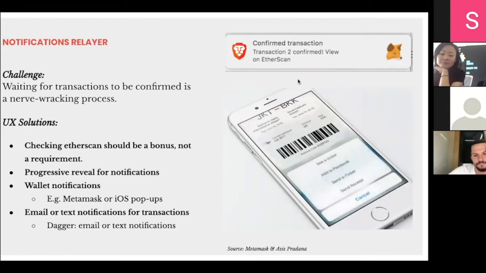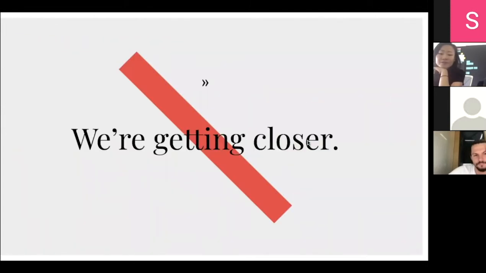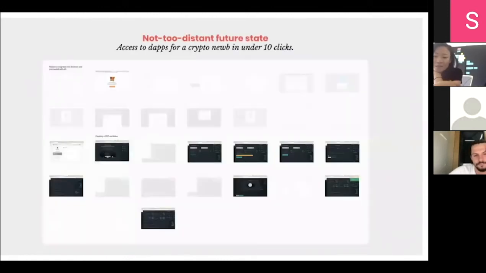Cool. All right, so I think that's it. I think we're getting closer. So with all the different examples that I showed today, from 40 steps from getting a MetaMask wallet to creating a CDP, we actually reduced it to 10 clicks if we just use some of the best practices that we mentioned earlier in this talk, and that's incredible.